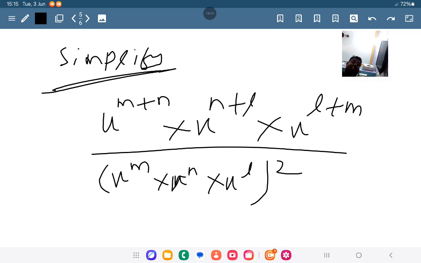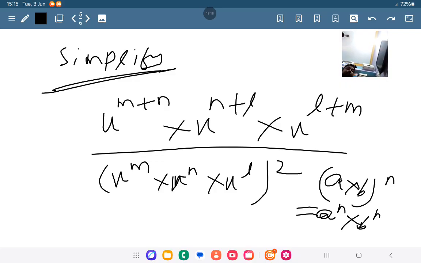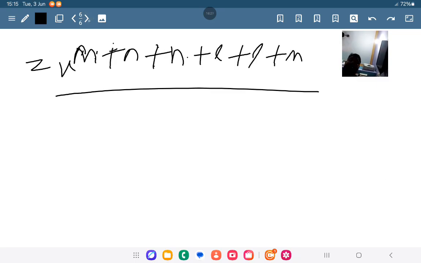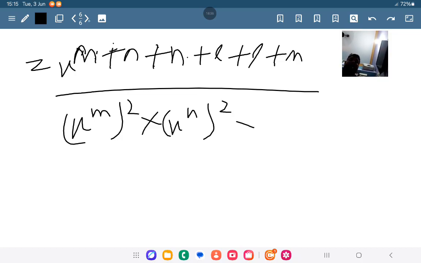Just like this, a into b whole to the power n is equal to a to the power n into b to the power n. Similarly, it will be x to the power m whole to the power 2 into x to the power n whole to the power 2 into x to the power l whole to the power 2.